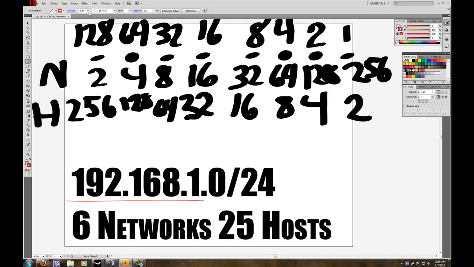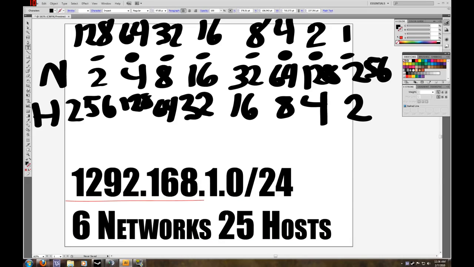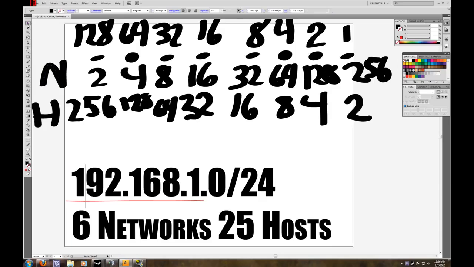This is our network portion, which tells us by our subnet mask. Our subnet mask is 255.255.255.0.